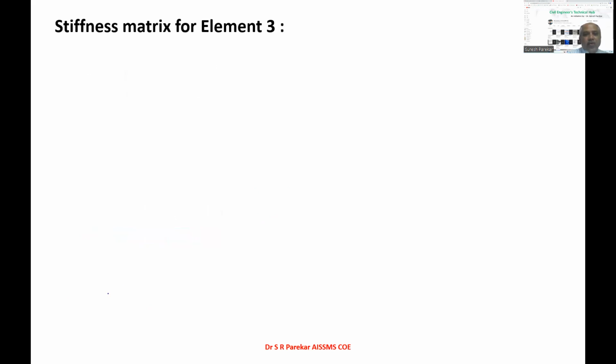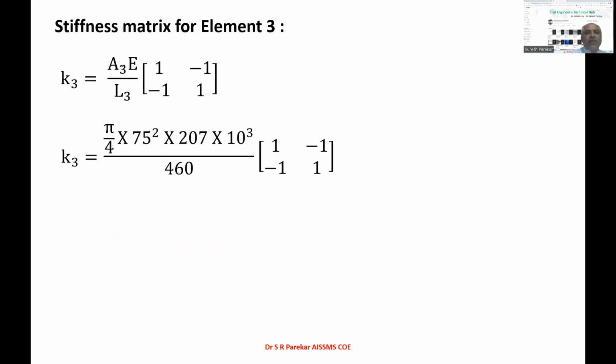Now we will switch over to the stiffness matrix for element 3. We have A3 E upon L3, times 1, minus 1, minus 1, 1. Now for A3 we have the diameter as 75, so we put it in, and L3 is 460. If we solve this, we get K3 equal to 1905.2 into 10 raised to 3.